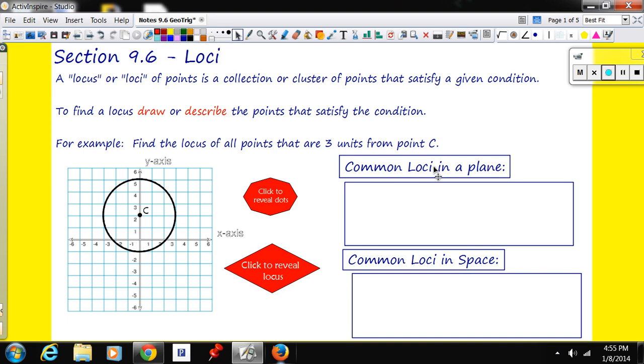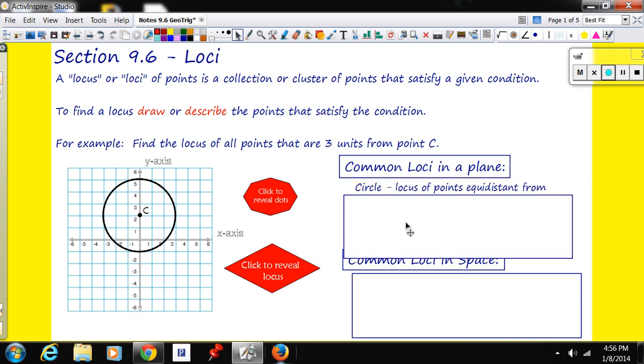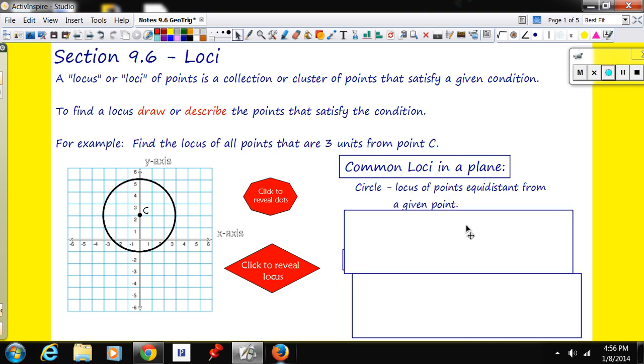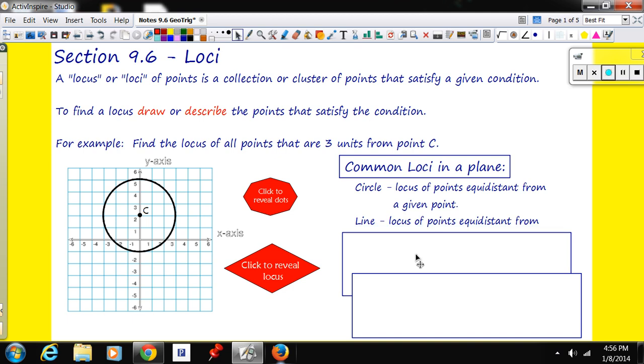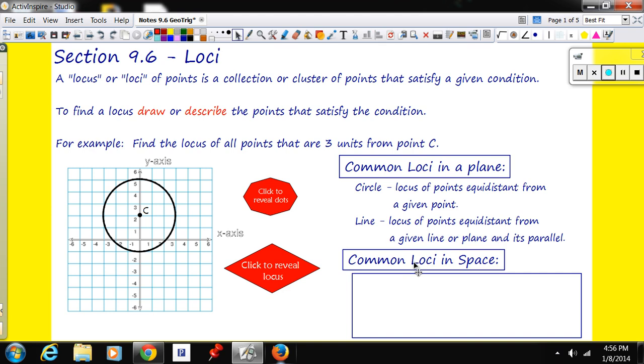Here are some common loci in a plane. You've probably seen one already: a circle. Those are all equidistant from a given point, and you'd call that locus a circle. A line would be another one. It's the locus of all points that are equidistant from a given line, and it's going to be parallel to that line.